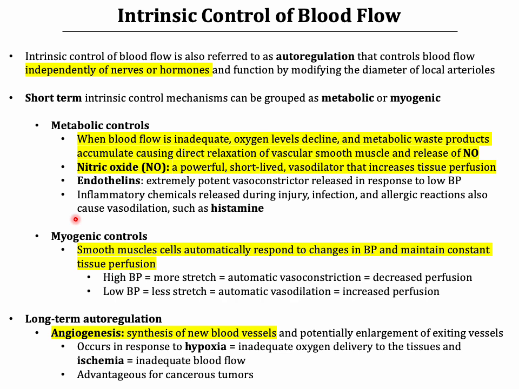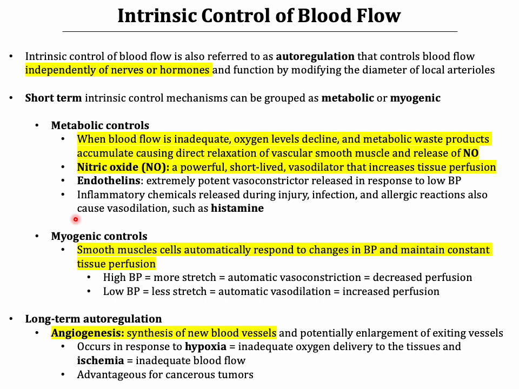And what happens is there's going to be direct relaxation of the vascular smooth muscle to dilate the blood vessel in that area, open it up a bit, and allow more blood to come to the area, flush away the waste, and deliver more oxygen. Nitric oxide is released from those arterioles to cause that vasodilation, and that helps to increase that tissue perfusion, increase that blood flow to the area. So again, this is an auto-regulation, kind of an automatic thing happening within the tissue itself.